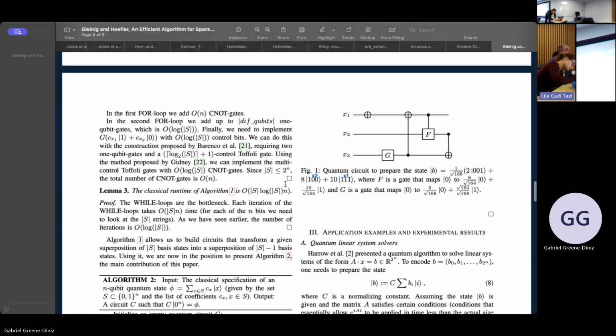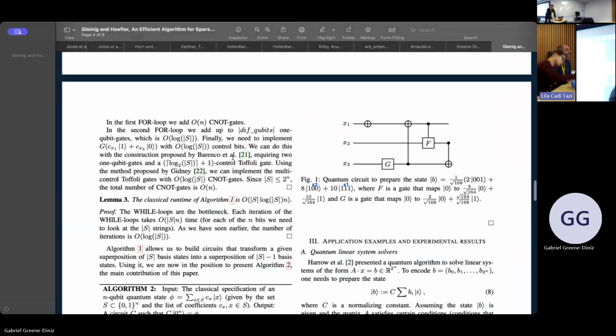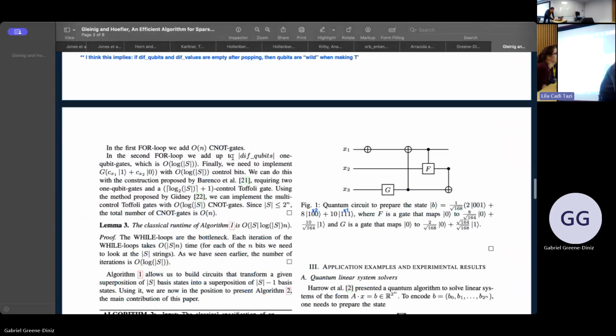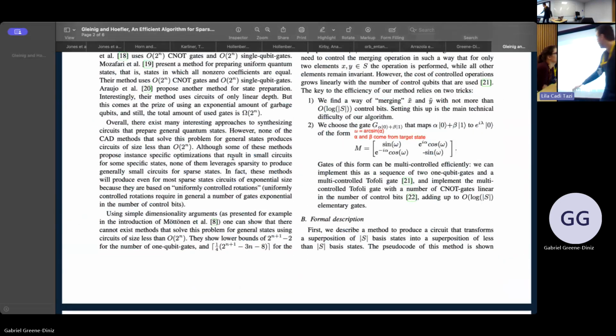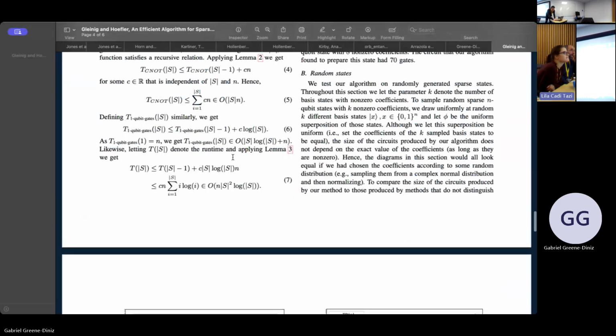And then, for complicated reasons, the number of C-NOTs you need is also going to be logarithmic in S, and that in turn depends on spatial multi-control algorithms that were also implemented recently. So that condition for linear scaling is satisfied for the depth and the number of gates, I believe.